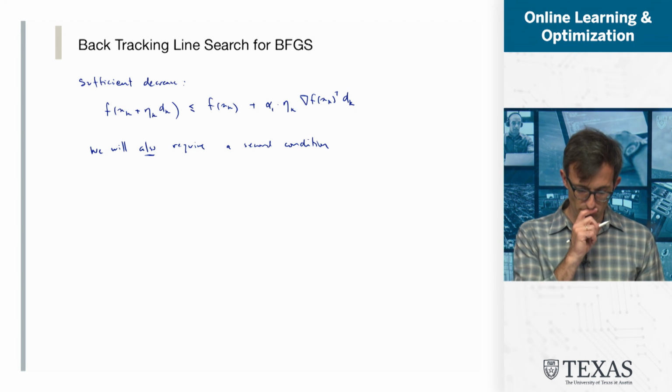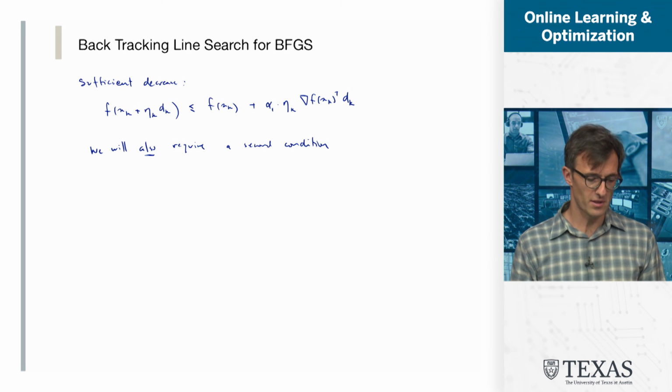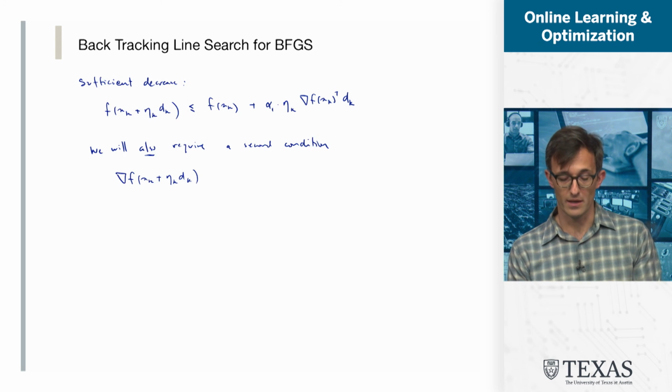Basically, this second condition can be written as gradient of f of xk plus eta k dk. Note, this is a condition on the gradient. It's not a condition on the function.